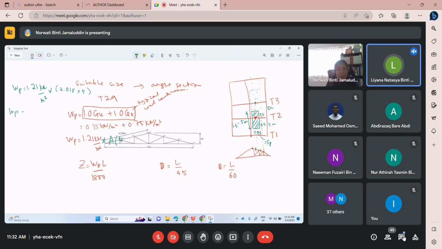Doktor, sorry, I just looked back, the SP is 2.108, not 2.018. Okay, 2.108. Calculate for me, please.